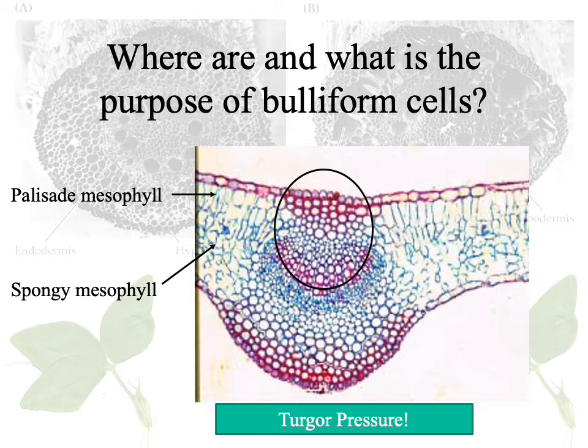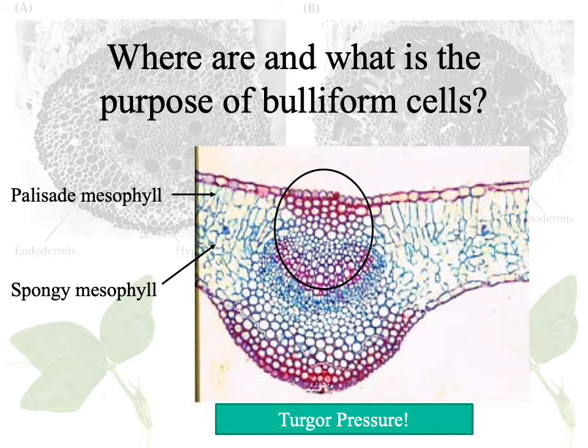And the way it works is there are some cells inside this leaf. You see the leaf, that the upper surface is up and the lower surface is down with a big mid-vein. And then you see there's some cells in that highlighted circle there that are kind of large. Those are bulliform cells, and the bulliform cells hold the leaf out.